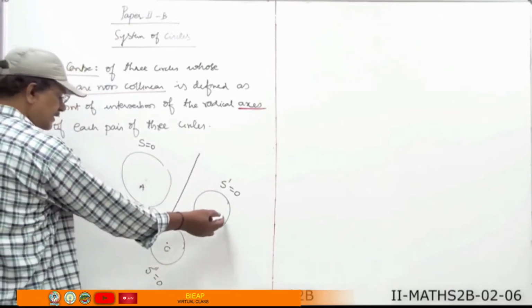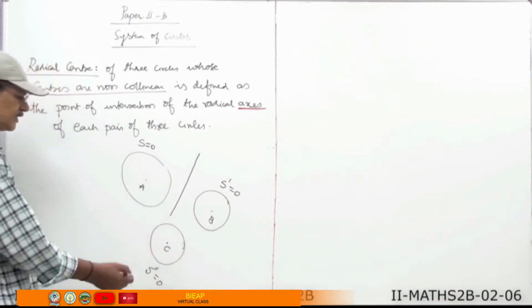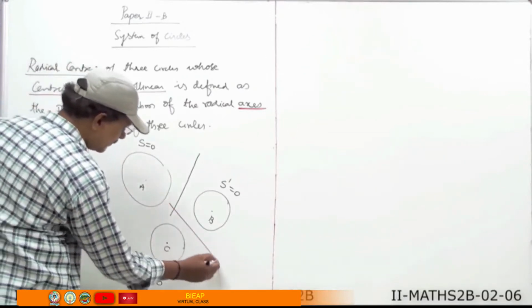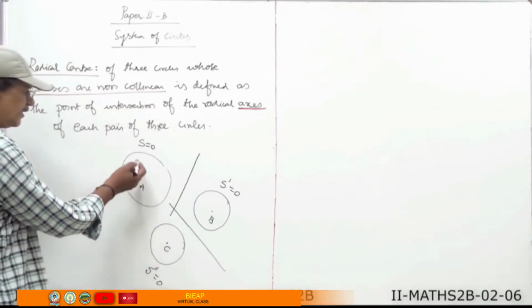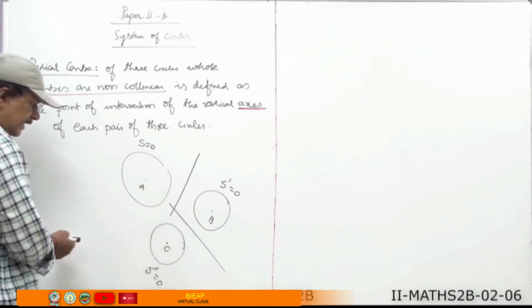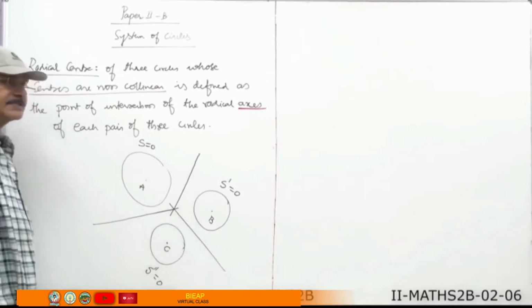Then you take the second circle and the third circle, and these two are again non-intersecting. Therefore, the radical axis lies between the circles. It will be like this. Now you take the third circle and the first circle, then because they are non-intersecting, the radical axis lies between the circles. Therefore, these are the three radical axes.